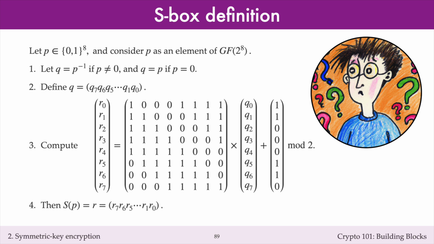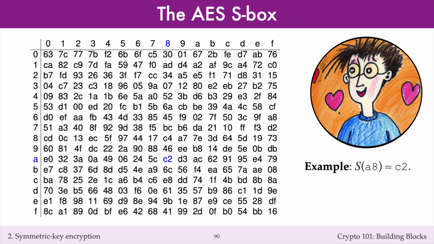This function is a nonlinear function since inversion in the field GF(2^8) is nonlinear. Here's an equivalent definition of the S-box in the form of a table. For example, S maps the byte A8 to the byte C2, because the table entry indexed by A and 8 is C2.